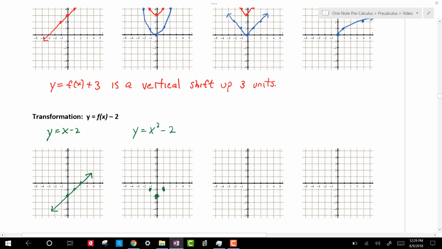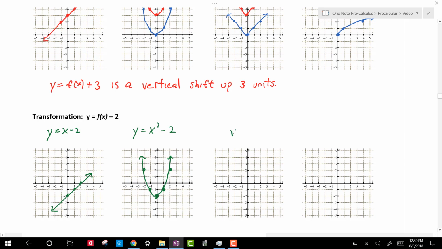And then notice the pattern of points here. This is really important. So the first set went up 1 over 1. The second points went up 3 over 1. And so now I have a graph that shifted down 2 units. All right? Same thing with my absolute value.